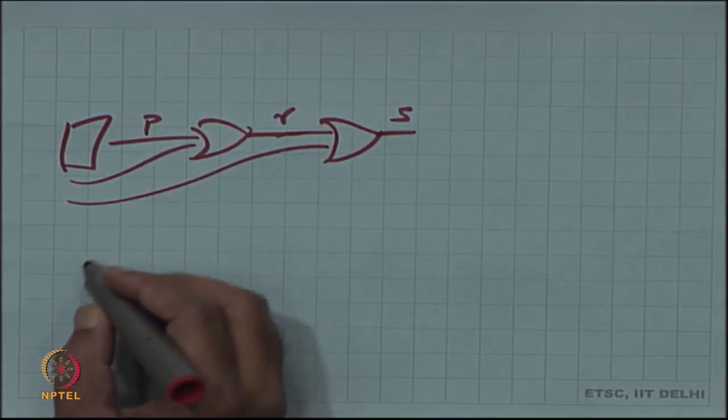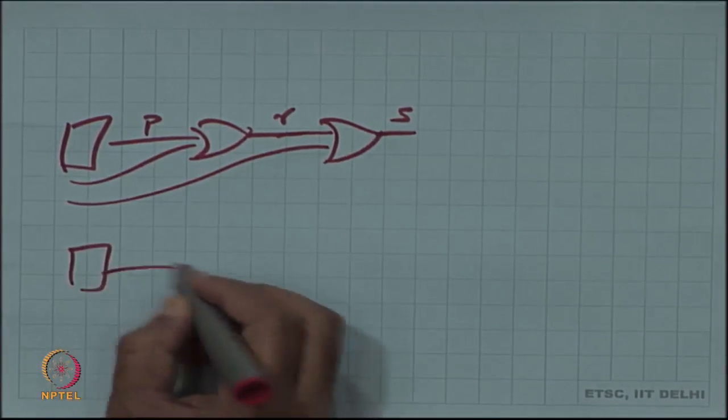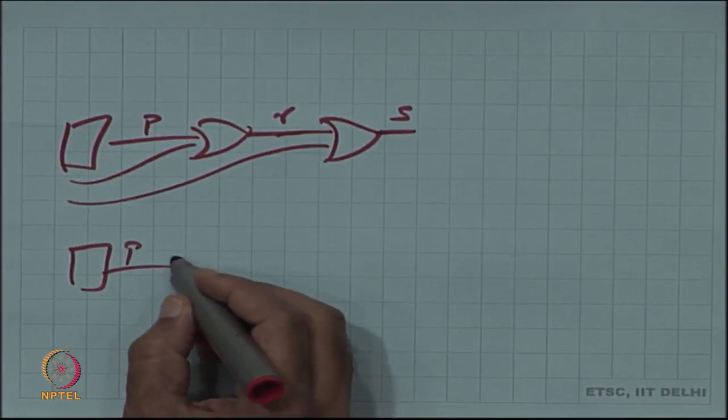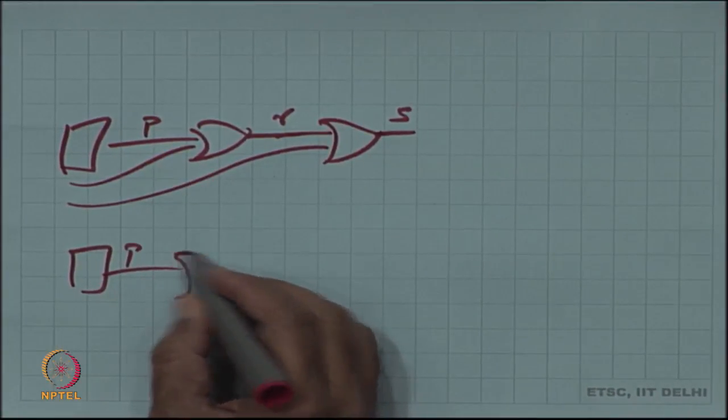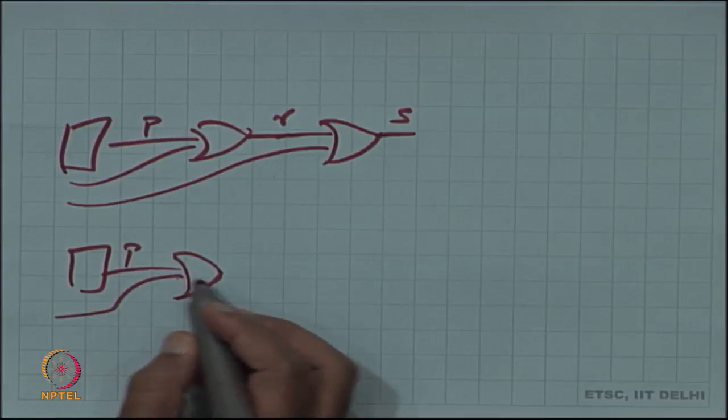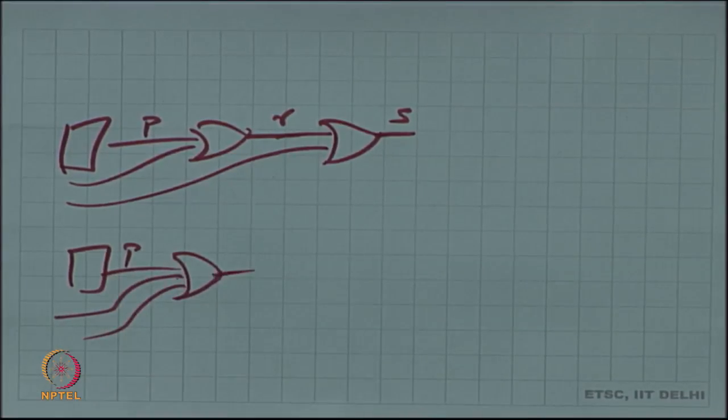But in the transformed one, what we are saying is the P part is unchanged, and I now have a 3 input OR gate, perhaps. Not very different in terms of the timing behavior either.